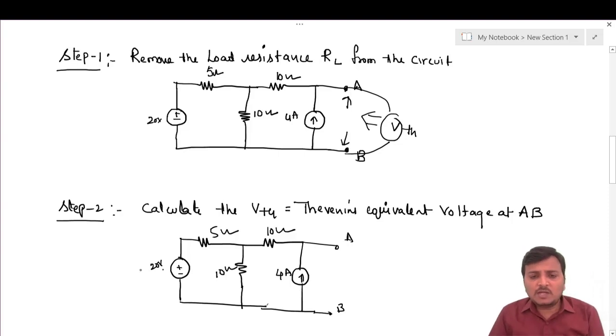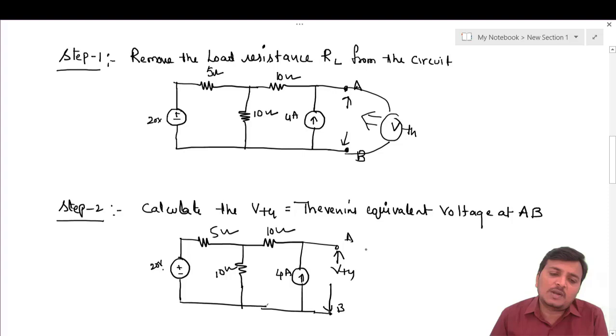By the normal method, either applying KVL, KCL or any other method of electrical engineering, we can find the VTH value. That is the theoretical procedure, and it is called Thevenin's equivalent voltage. That is step number 2.